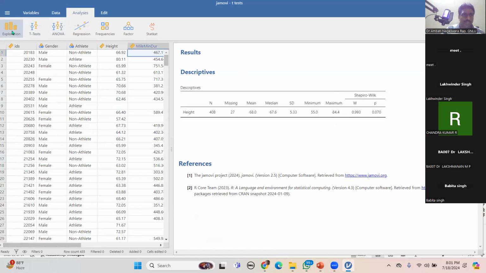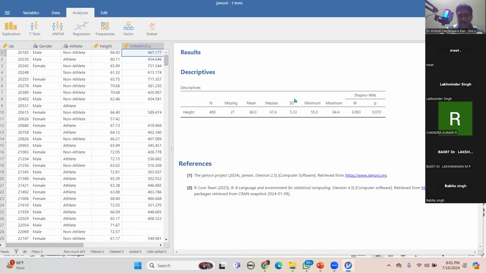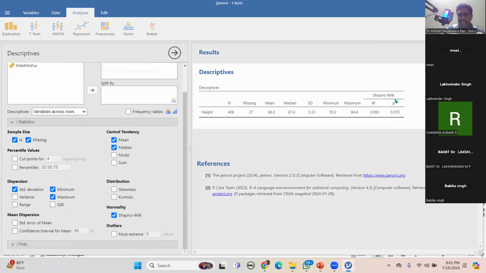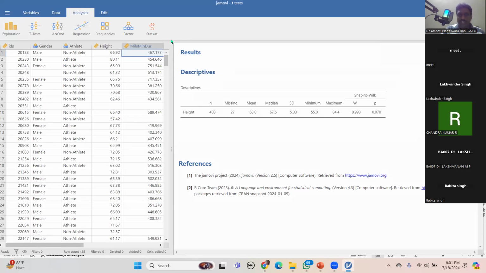Now there is one more option as part of the Shapiro-Wilk test. For example, suppose the data processing window is gone. Every time, I don't need to start from the beginning. You select this particular output result, keep your cursor here, and double click, and you get the previous stage, that is the processing window.